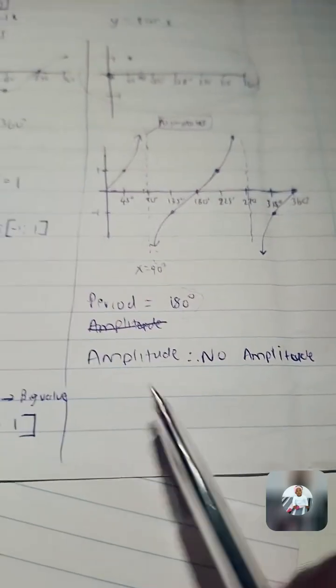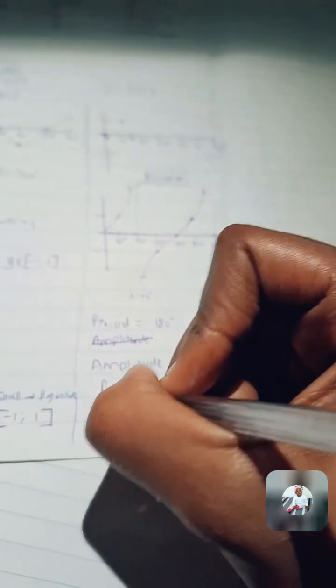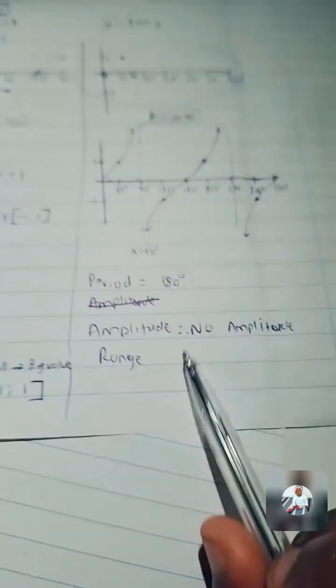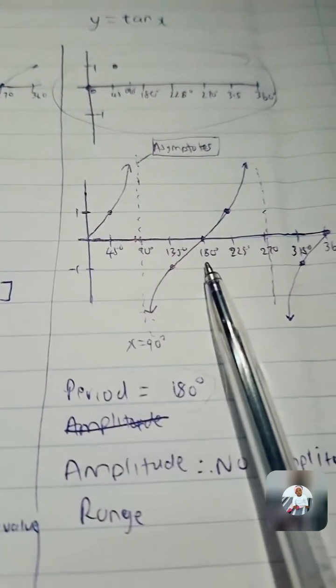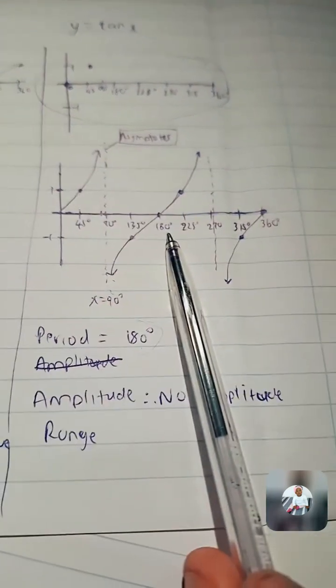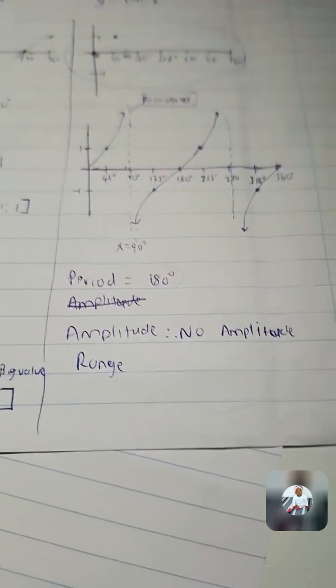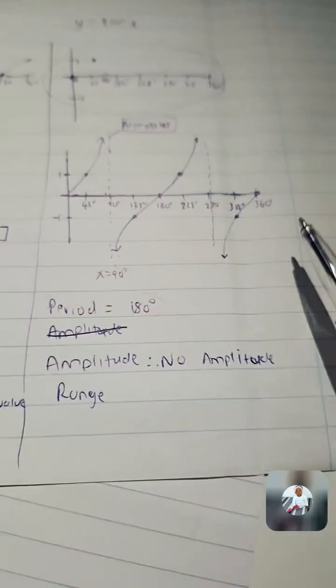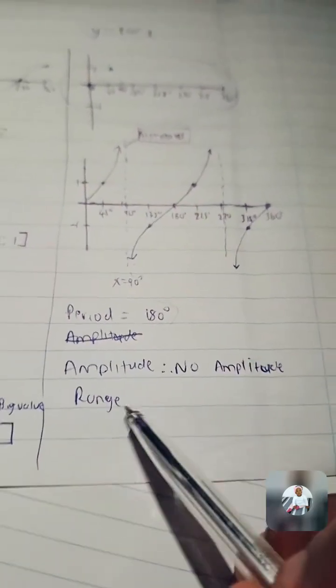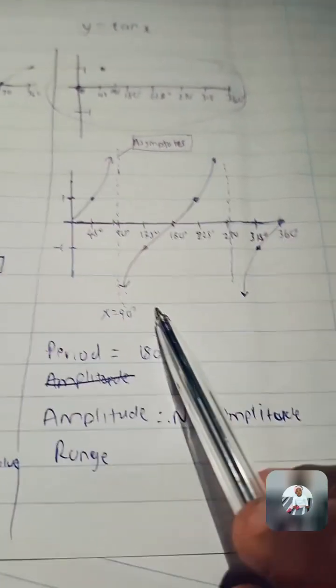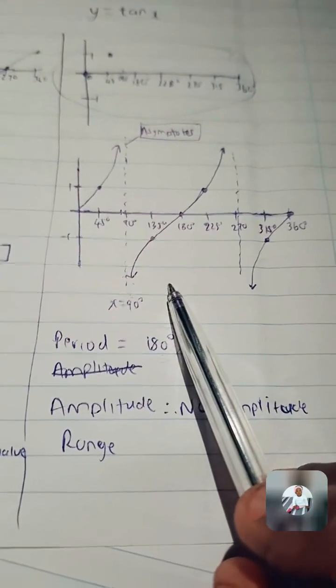Right, let's go. The last thing is the range. The range of the tan function, the mother tan function. What would be the range? Let's hear some people. Laila, do you know what the range of the mother tan graph is? Seeing as you were good in grade 10, I'm sure you can just tell us what the range is.